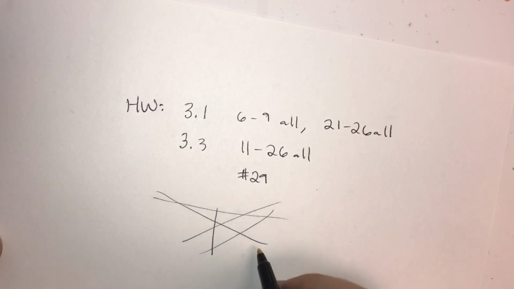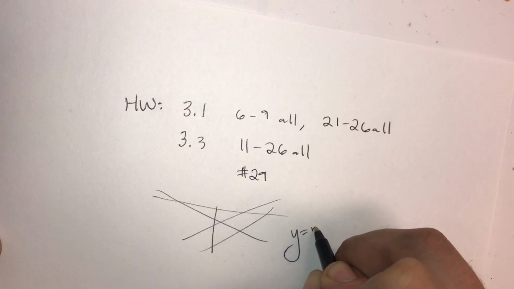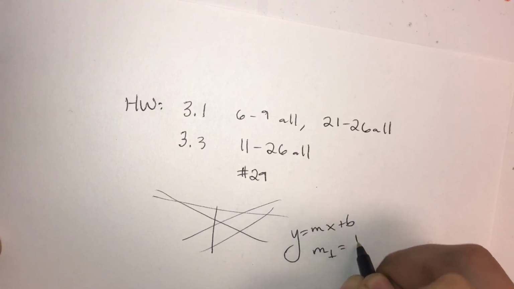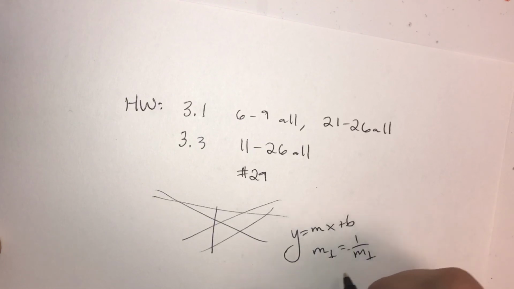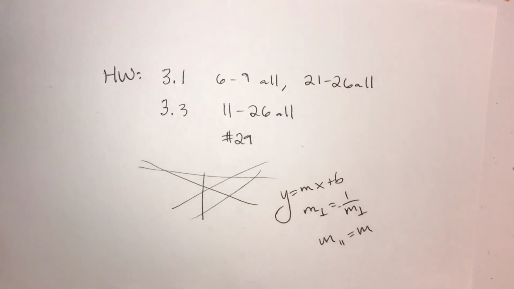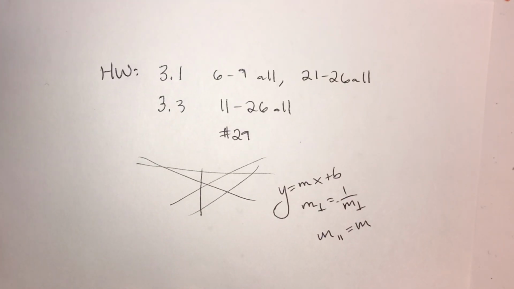Hey, look, I drew a transversal. Didn't even mean to. So please use equations of lines. Use what you know about slope. Parallel slope is the same. See if you can come up with a demonstration that that statement is true.